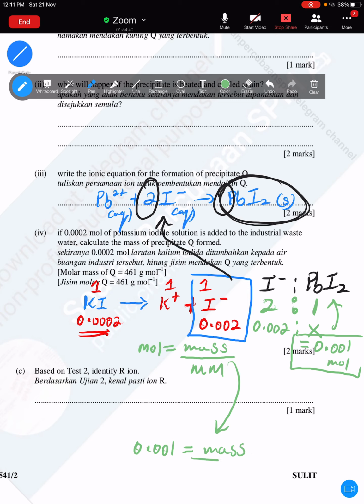Very good, 461. Finally, what is the mass of it?